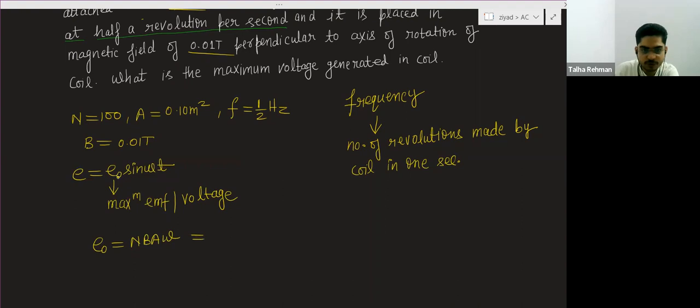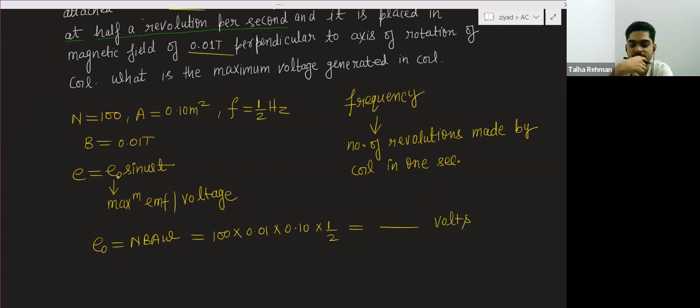Now put in the values: number of turns 100, magnetic field 0.01, area 0.10 meter square, frequency half. You will get the answer in volts.